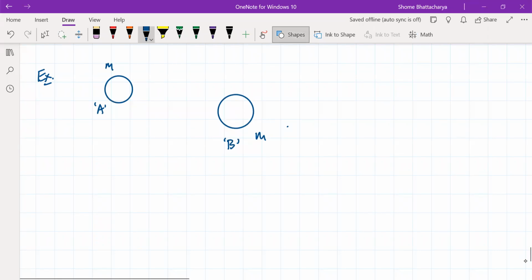And the first one is moving with a velocity whose line of action is this one. So this velocity is along this so-called line of action.